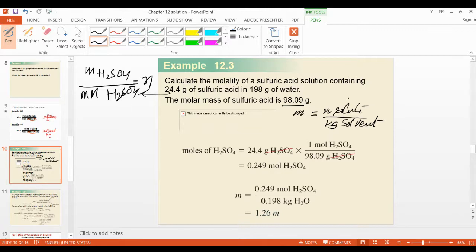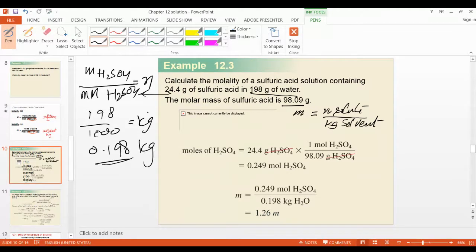So put the moles of the solute here, and the kilogram of solvent. Water is the solvent. So 198 divided by 1000 gives 0.198 kilogram of solvent. In this way, you put these two values, moles of the solute divided by 0.198, and you will get molality. In short form, you can say molal, right?